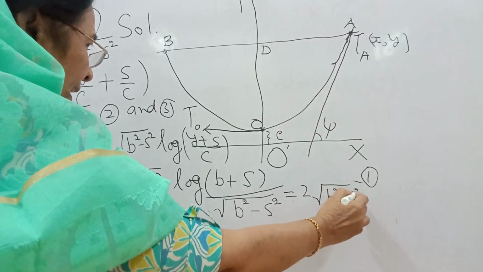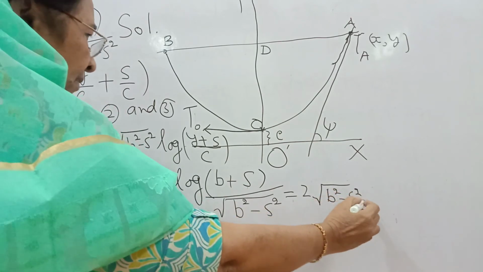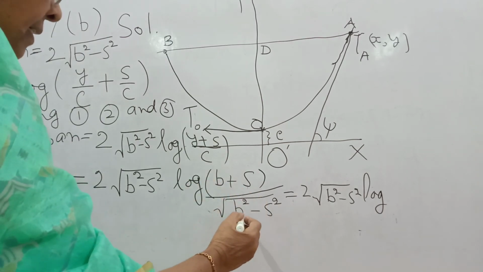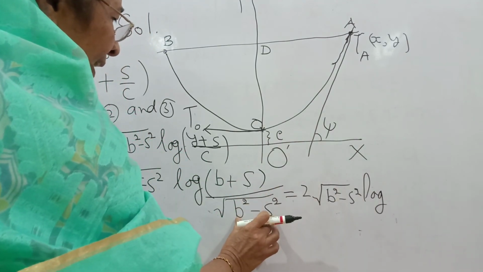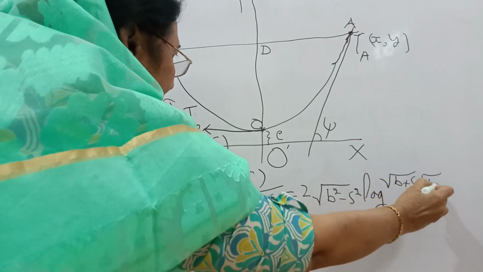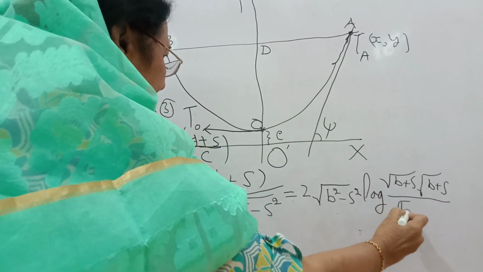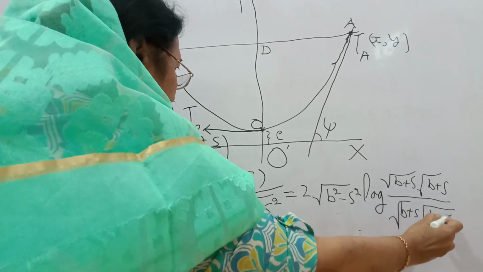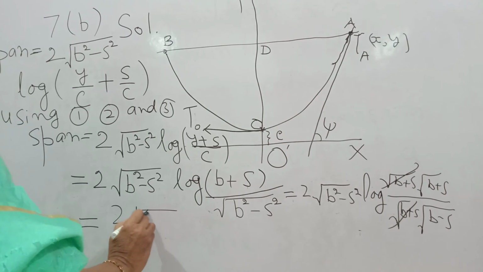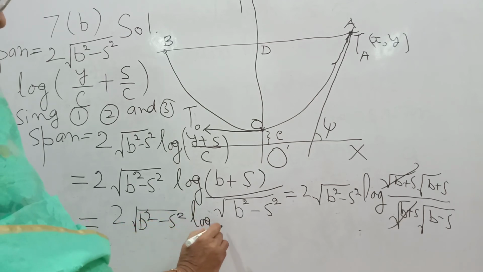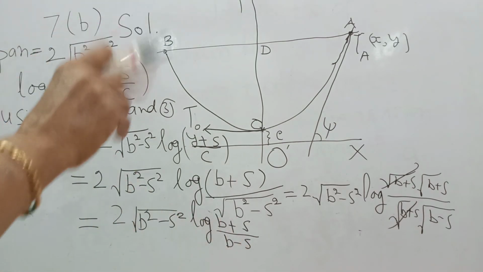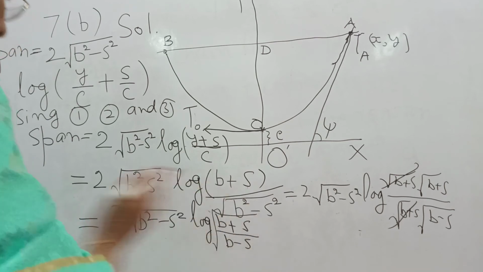A simple algebra will give you log of B square minus S square can be written as under root of B plus S into B minus S, and here you can write B plus S under root B plus S divided by under root B plus S under root B minus S. So we have obtained the result 2 times under root B square minus S square log of B plus S divided by B minus S and this under root.